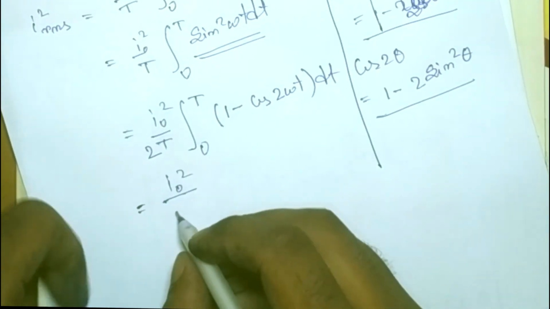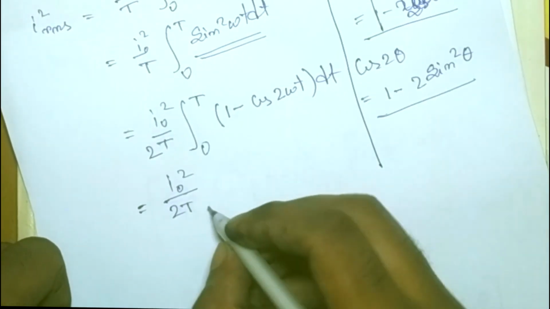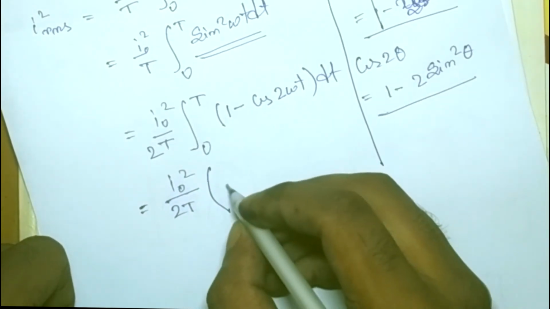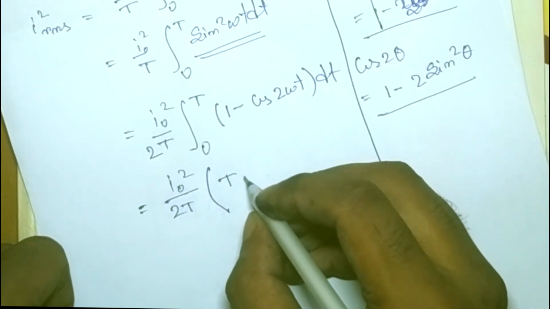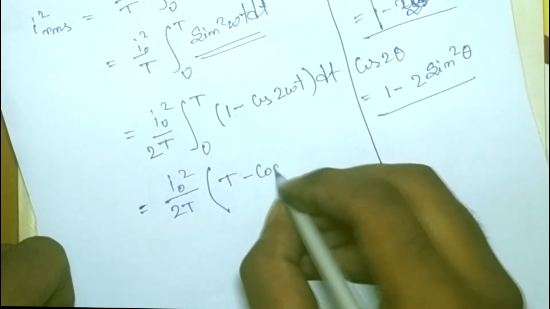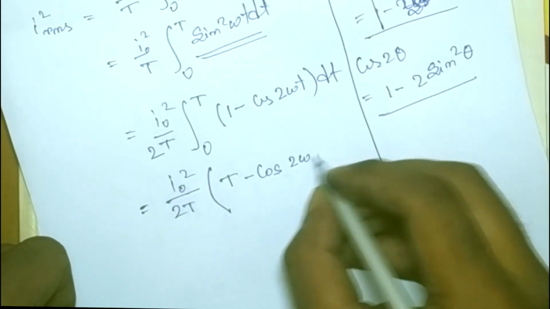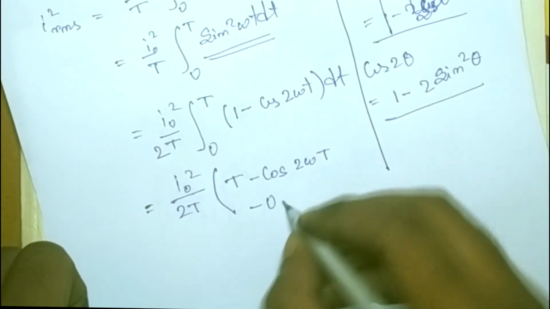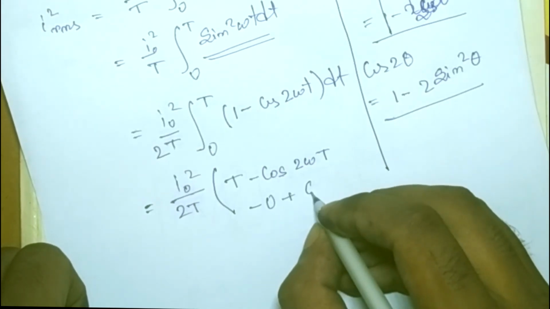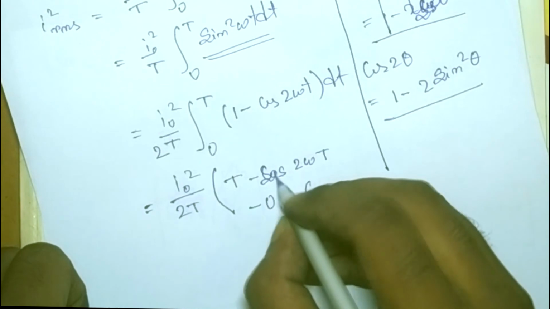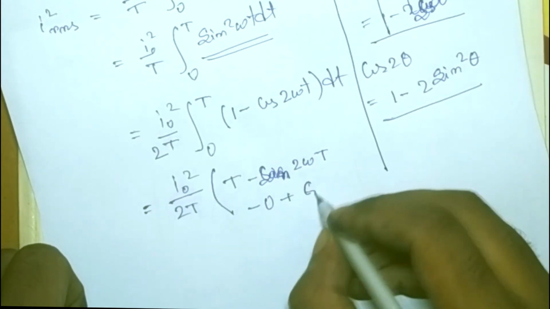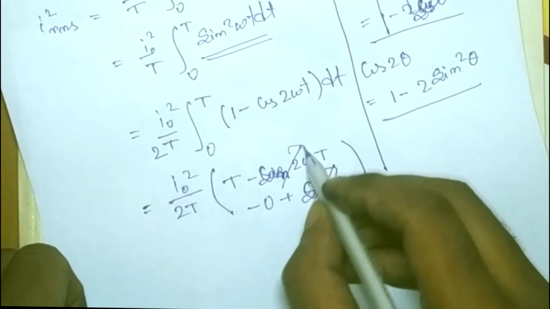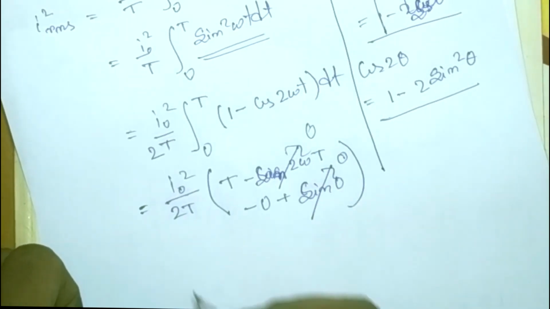Now this is equal to I0 square by 2T. Integrating the entire term, we get T minus sin 2 omega t by 2 omega, evaluated from 0 to T, so both of these sine terms are equal to 0.